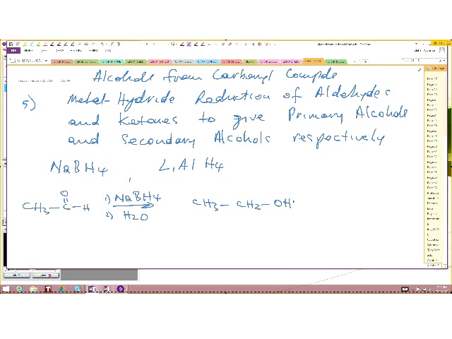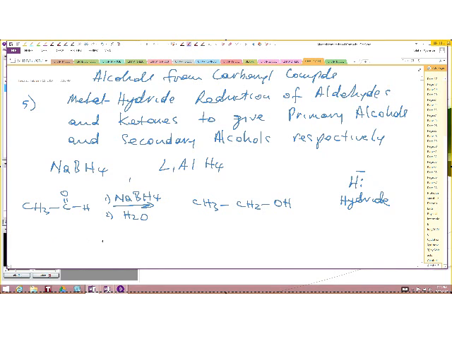Whether you use lithium aluminum hydride or sodium borohydride, what each of these reagents does is supply what we call hydride, negatively charged hydrogen.